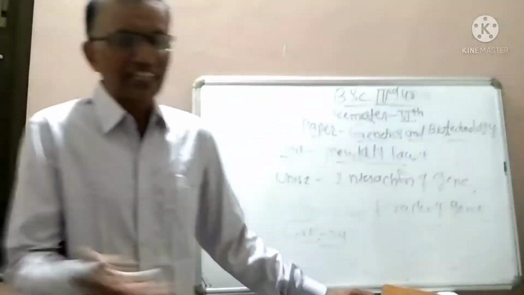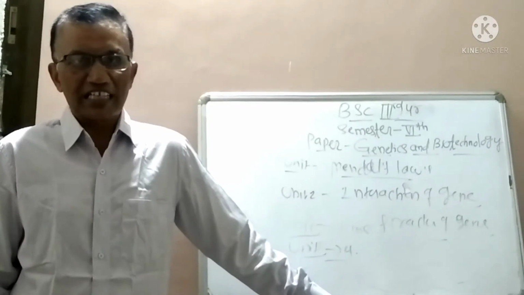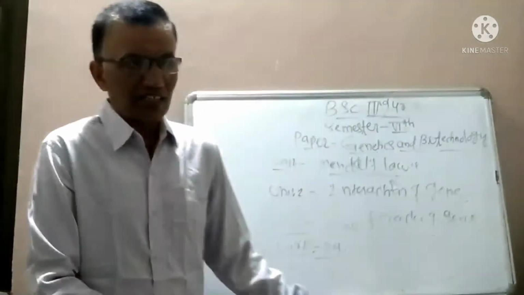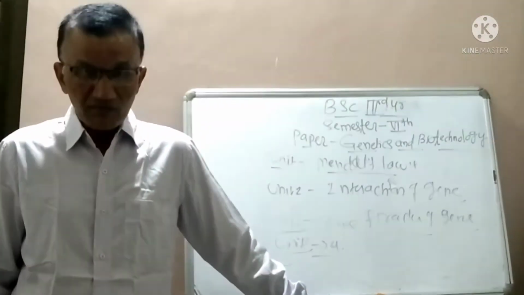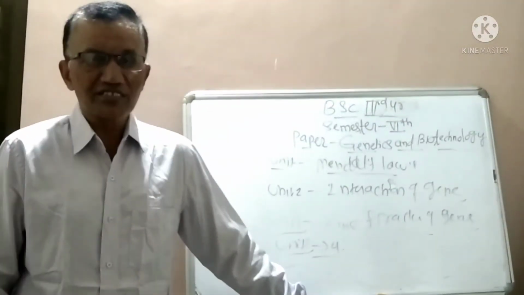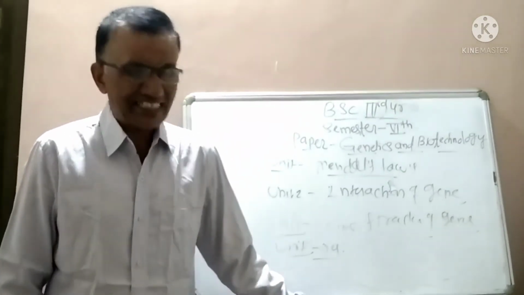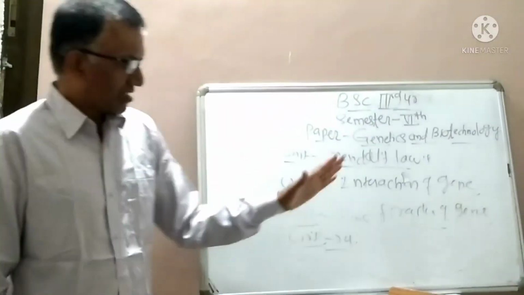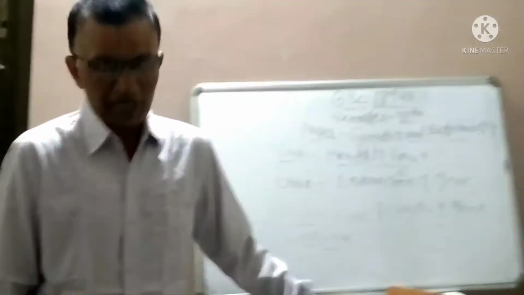There are also theories: the chromosomal theory of sex determination, the genetic balance theory of sex determination, then sex determination in Drosophila, in birds, in insects, and in plants. These are the subunits mentioned in the sex determination chapter.